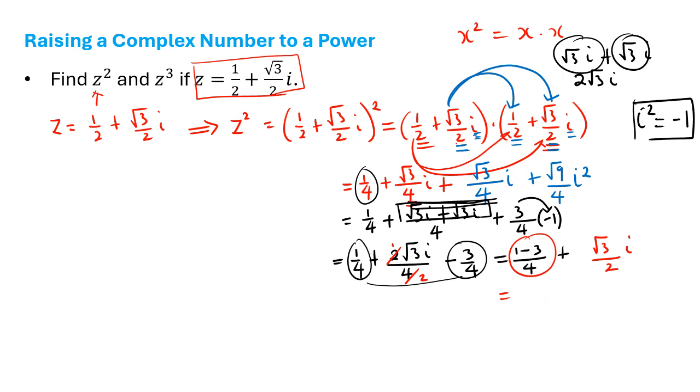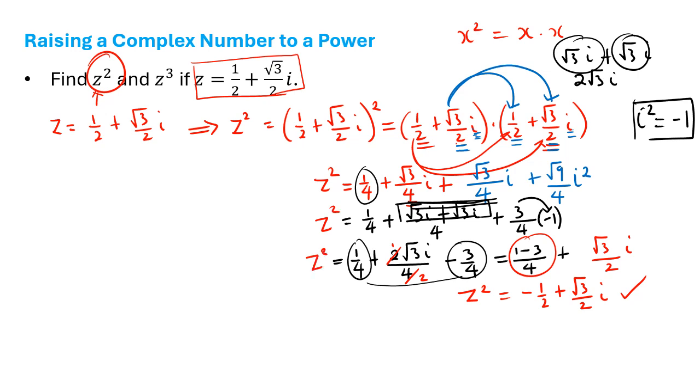So negative 1/2 plus square root of 3 over 2i. So this is what I get so far for the first part when I look for z squared. So this is exactly what z squared is given. So notice that you have z squared equal to all of that. All right, that's the first part.